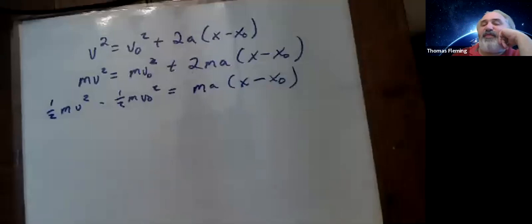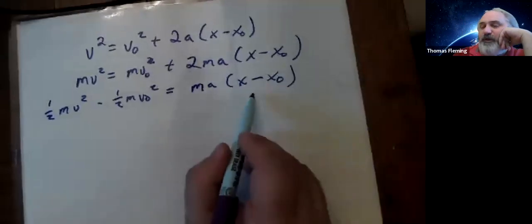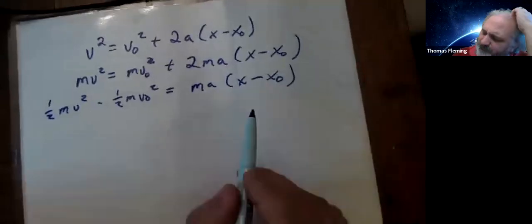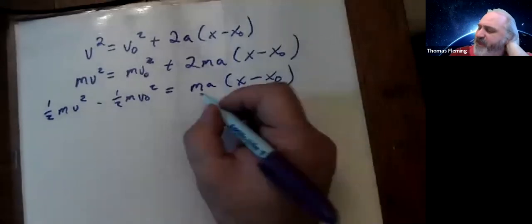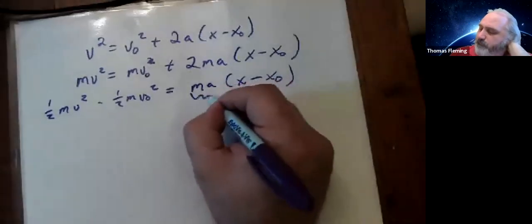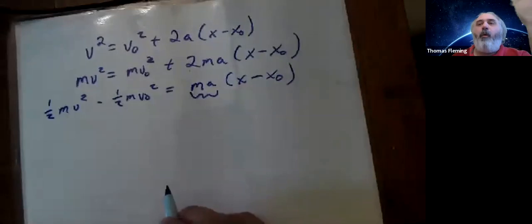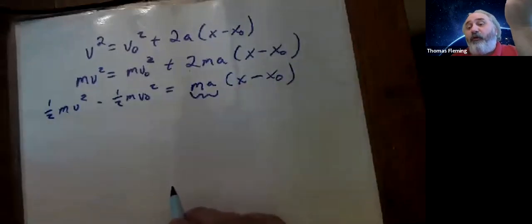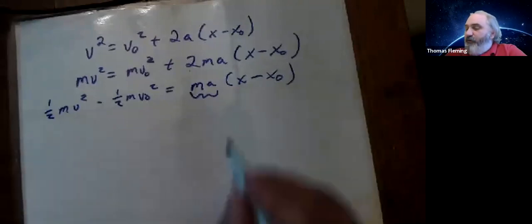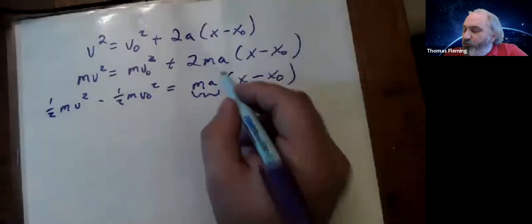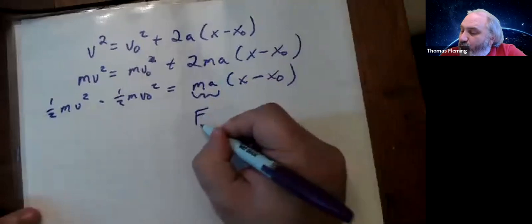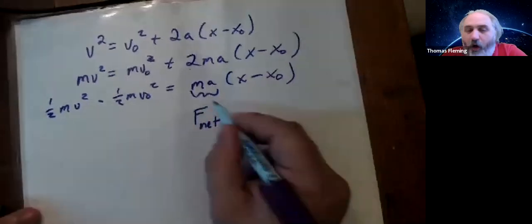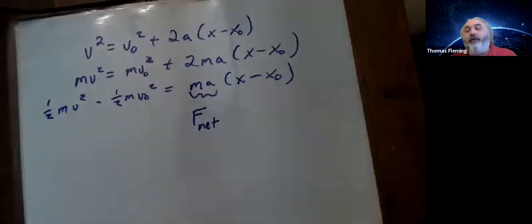But then I want to stop and think about what all this over here means. Because wait a second. What the heck is ma? Oh, Newton's second law. ma is the sum of all the forces, right? F equals ma. So this is not just one force, this is the net force. It's the total of all the forces acting on the object that's moving around.